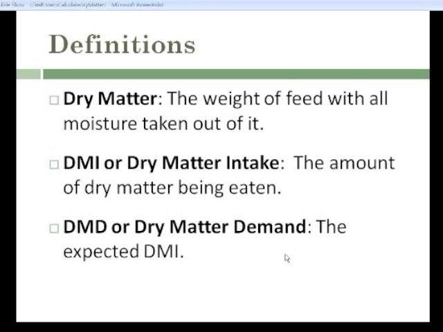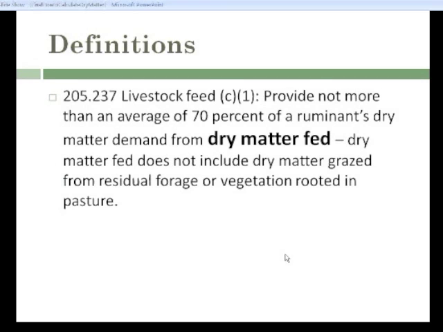Then dry matter intake, which gets shortened to DMI, is the amount of dry matter being eaten by either an animal or a group of animals. And then dry matter demand, shortened to DMD, is the expected or predicted amount of dry matter intake that either an individual animal or a group of animals is predicted to be eating. And we're going to get into more detail about all of these definitions as we go on.